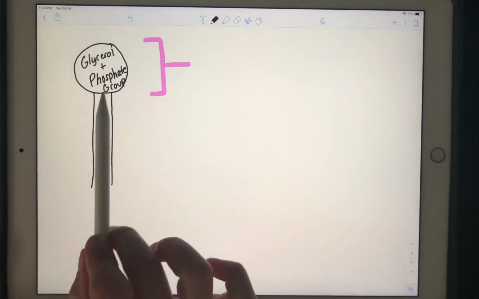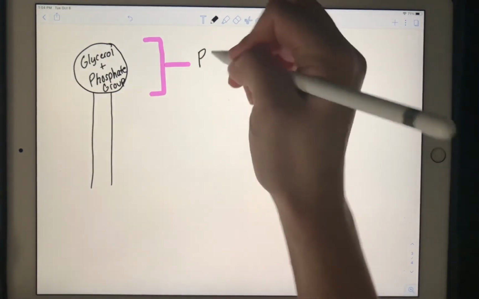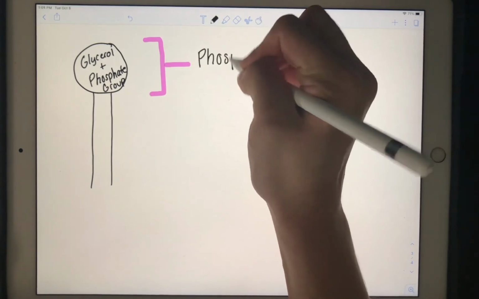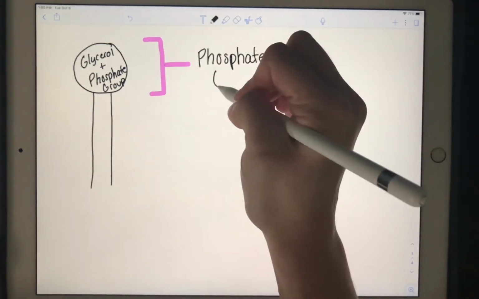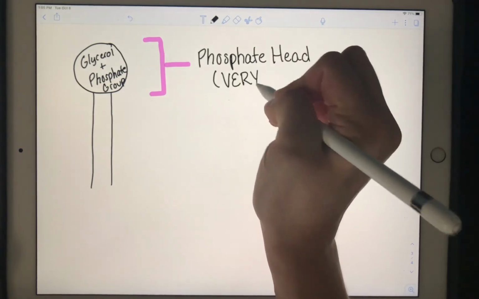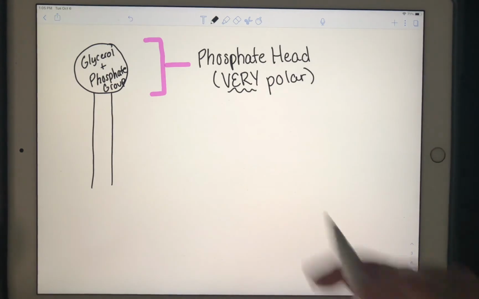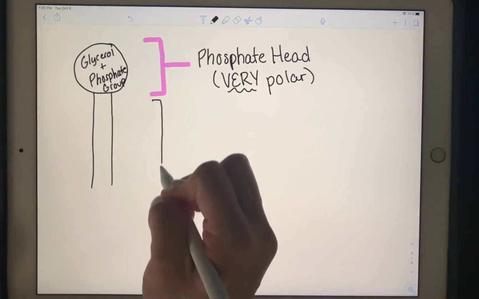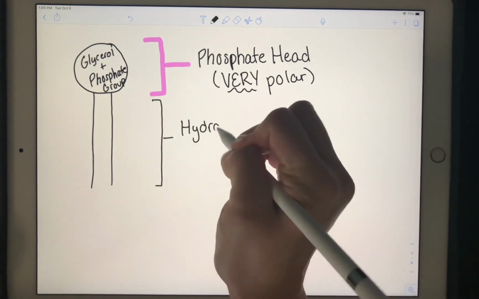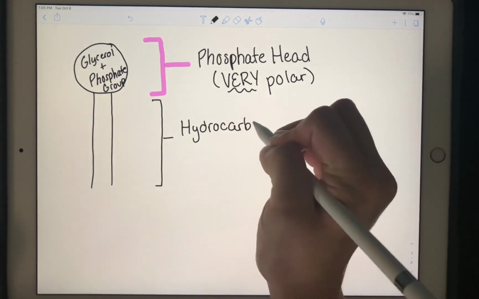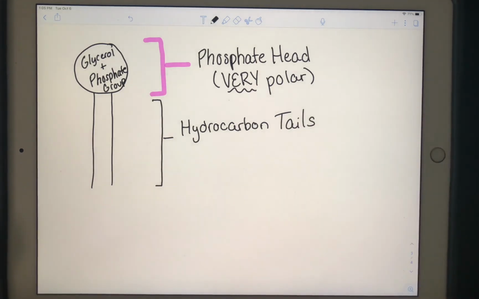When the glycerol and the phosphate come together, we now call this a phosphate head. The phosphate head is very, very polar. But just like our triglyceride, we have hydrocarbon tails that are not polar.